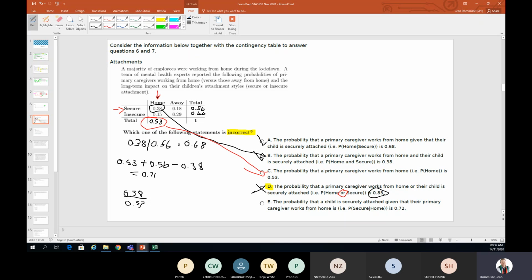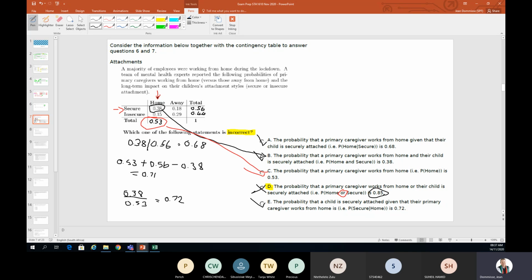Let's quickly see if that is the answer. 0.38 divided by 0.53, which gives you 0.72. Okay, so that one is correct. So the one that was incorrect was D.